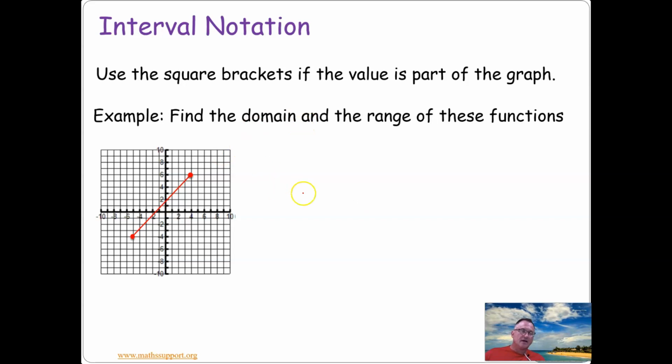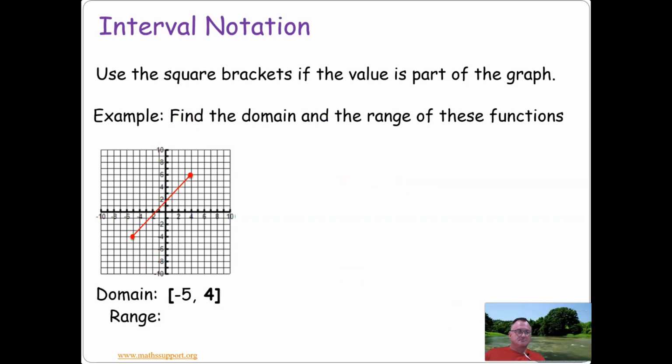Now I did a little bit better job on these dots. These are solid, so those numbers are going to be included, so we're using brackets. So there's our domain and there's our range. Range is up and down, domain is right and left.